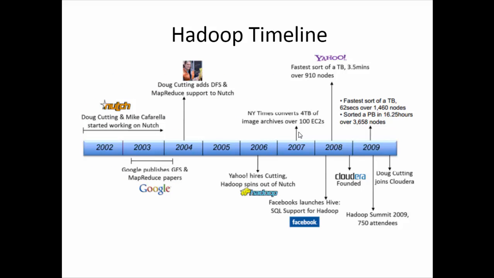So let's discuss Hadoop timelines: how Hadoop came into existence, why we call it Hadoop, how it got mature, everything. If I talk in layman language, Hadoop is all about two things. First is storing the big data or bulk data, which is taken care of by the Hadoop Distributed File System, which is HDFS.